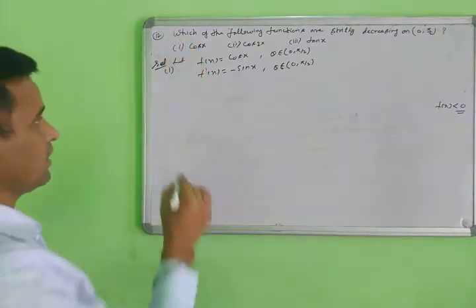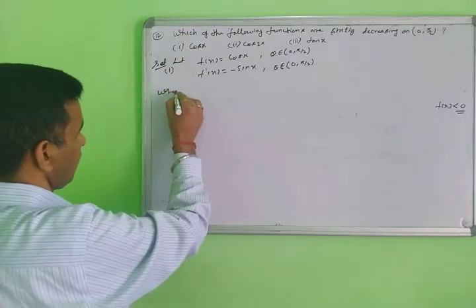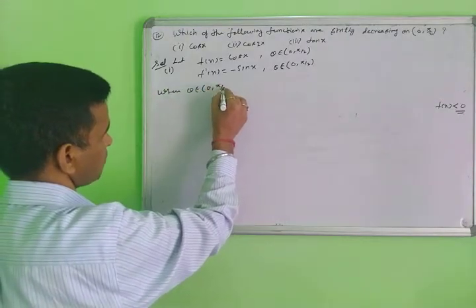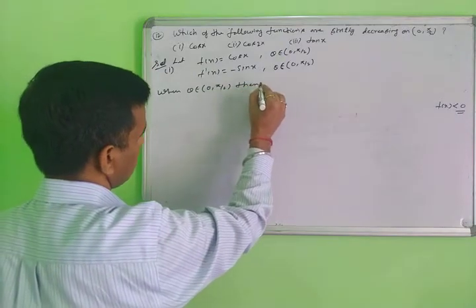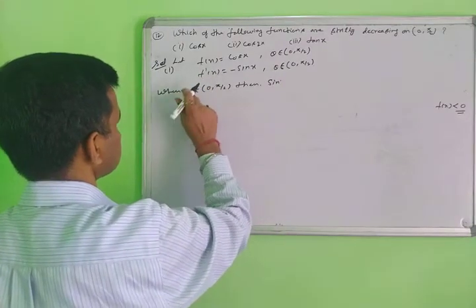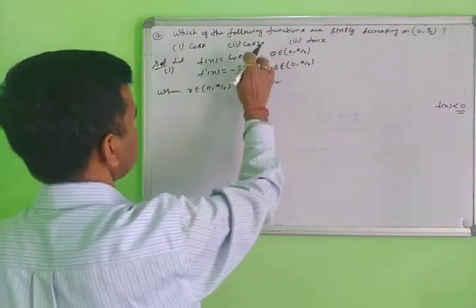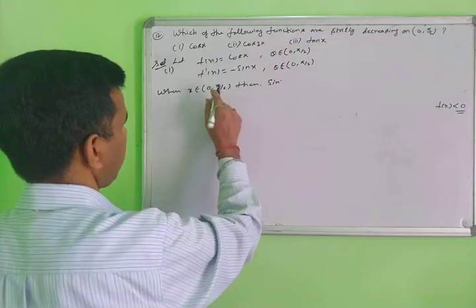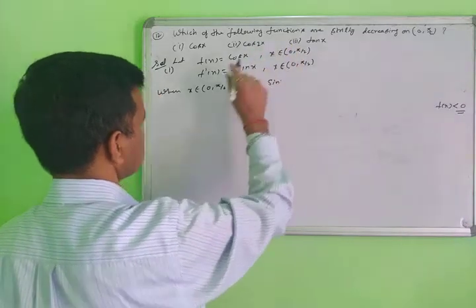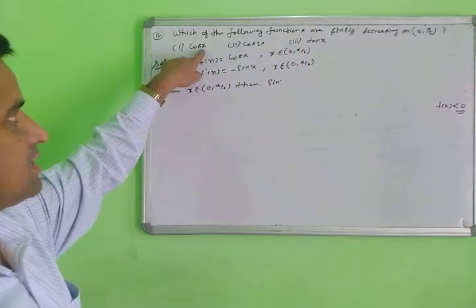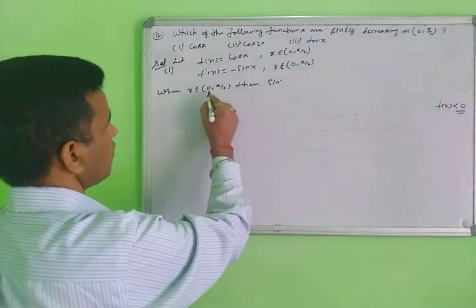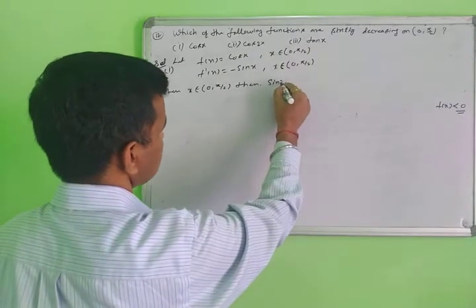Now look here, when x belongs to 0 to pi by 2, at the theta place write x.